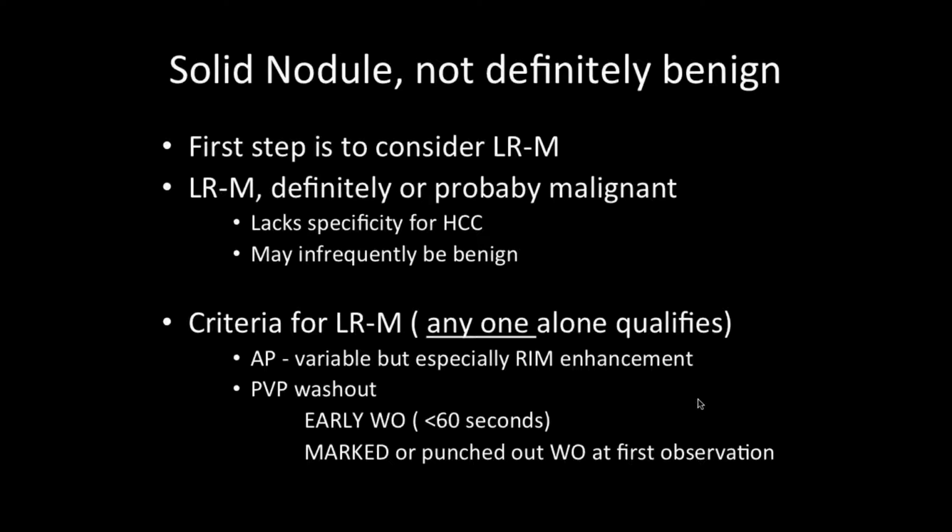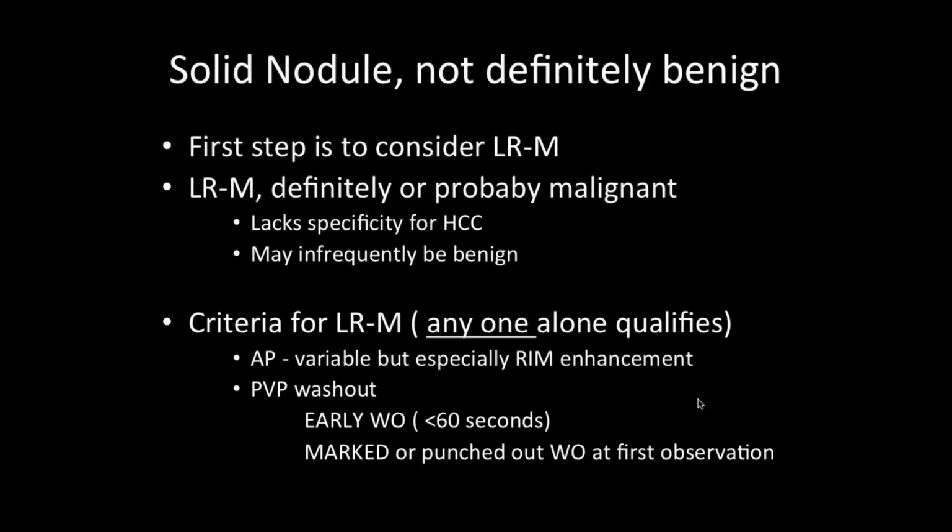And as Dr. Pascalia nicely described, these lesions can have variable arterial phase enhancement, but especially rim enhancement suggests LRM. And then in the portal venous phase, we're looking for two types of washout: early occurrence, less than 60 seconds, and with a marked or punched out appearance so that it's very black at the time of its first observation.